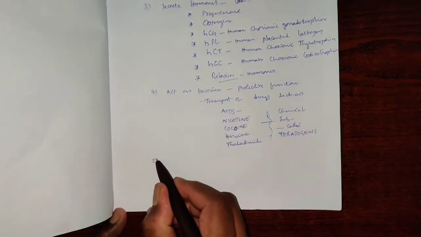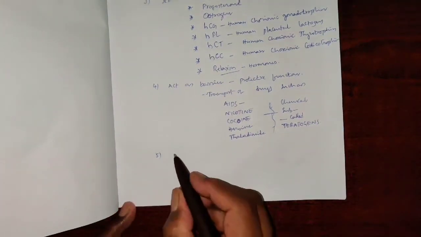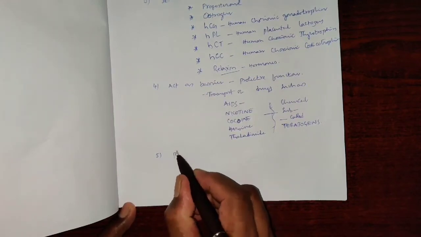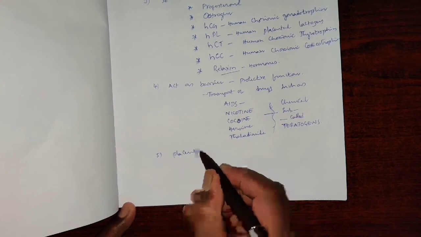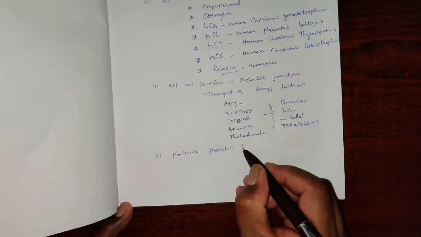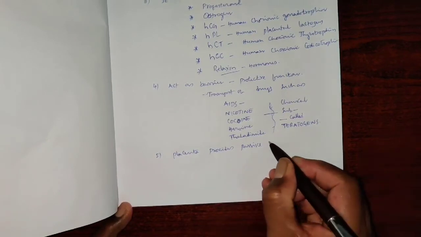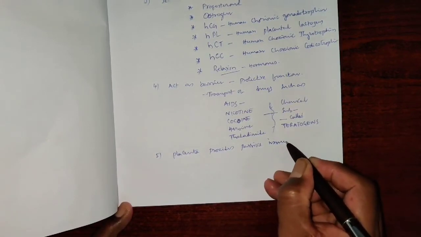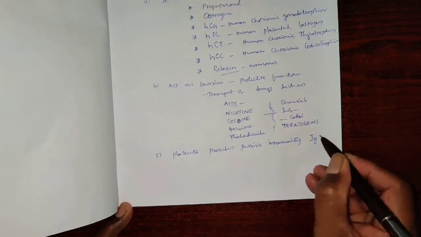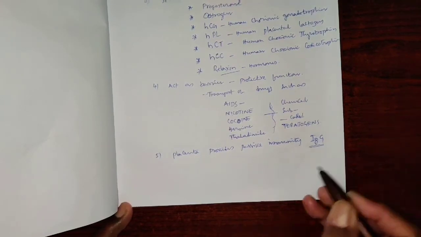Another important function of placenta is that it provides passive immunity, that is immunoglobulin G, IgG.